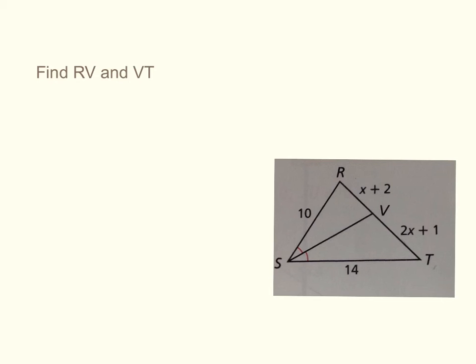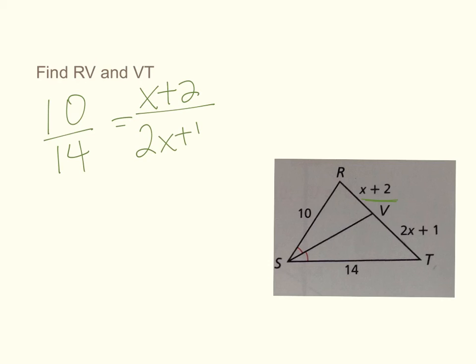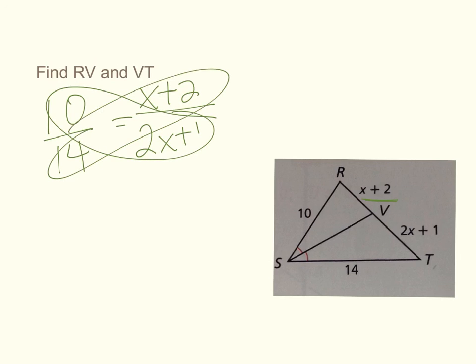So then we need to figure out what that proportion is. So we have 10 over 14 equals, now let's set that up. So x plus 2 in the same triangle is 10, so I'm going to do x plus 2 over 2x plus 1. And then remember how we are going to solve this.